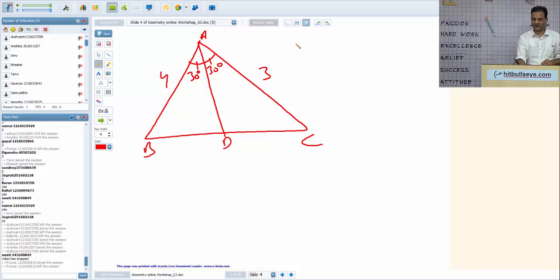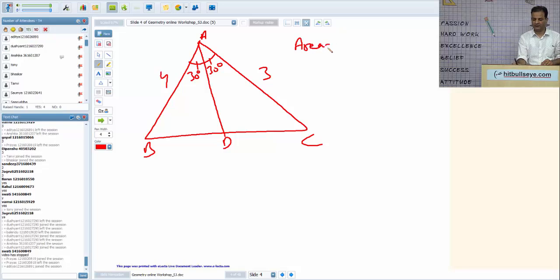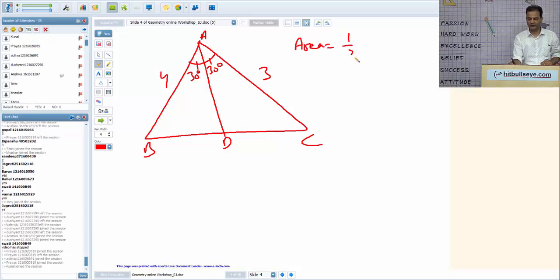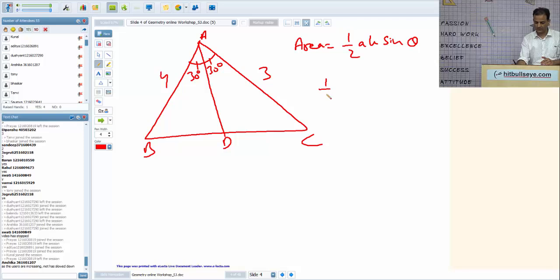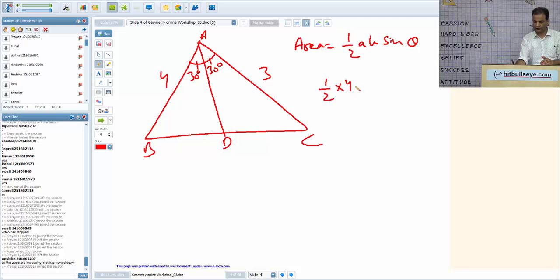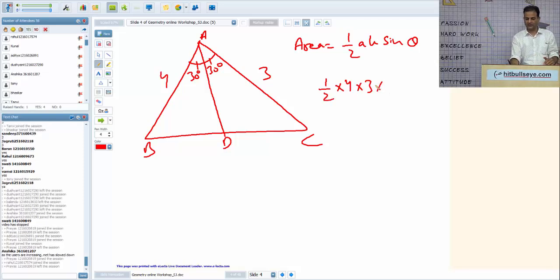Can you find the area of the triangle? If two sides are given, the area is half AB into sine theta. Those who are not aware can check: area of a triangle, if two sides are given, is half into the product of two sides into sine theta of the included angle. So can we find the area of this triangle? Half into 4 into 3 into sine 60.